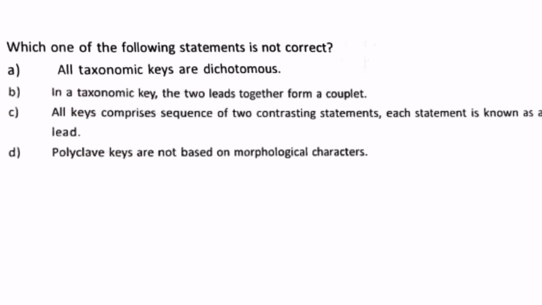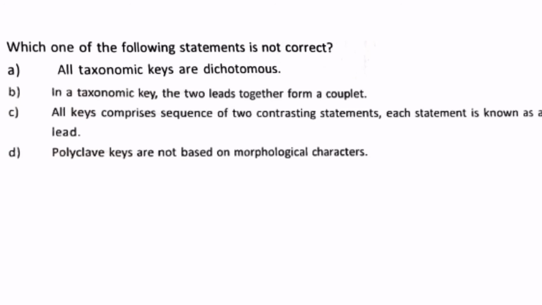Next question. Which one of the following statements is not correct? A. All taxonomic keys are dichotomous. B. In a taxonomic key, the two leads together form a couplet. C. All keys comprise sequences of two contrasting statements. Each statement is known as a lead. And D. Polyclave keys are not based on morphological characters.